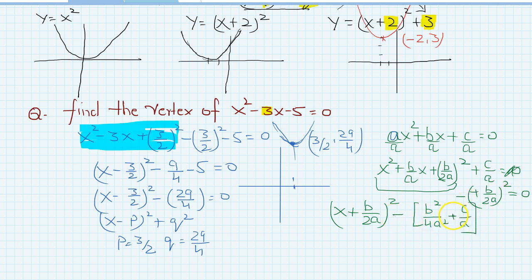I have taken this minus, so this will become negative. So it is (x plus b over 2a) square minus (b square minus 4ac) over 4a square.